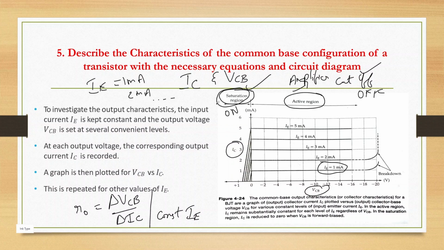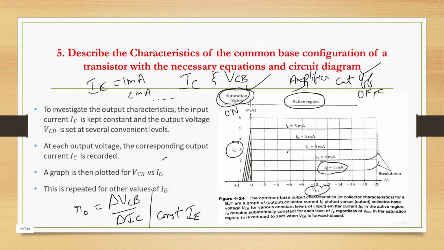In the saturation region, VCB is negative for an NPN transistor, which means the collector base junction is forward biased. A small change in VCB results in a large change in IC.